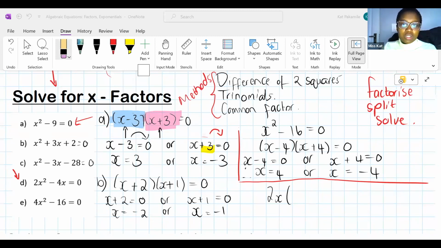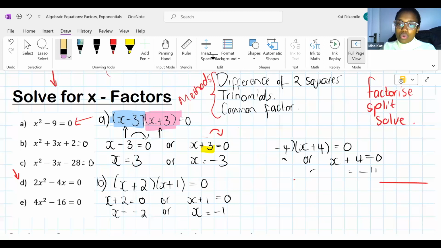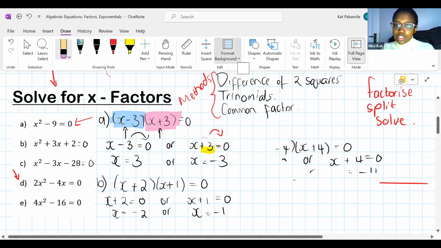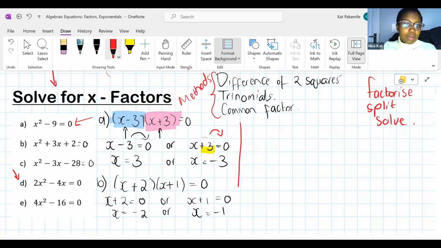Okay, I'm going to erase some of these so that we can have more space. I don't know what I pressed. Technology is not our friend, especially not mine. Okay, let's do it over here.